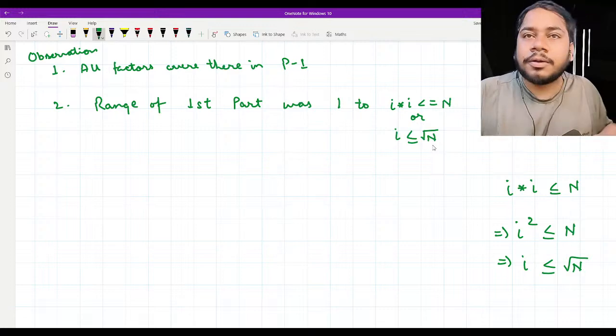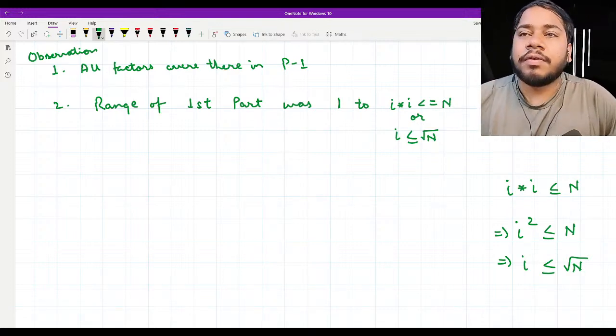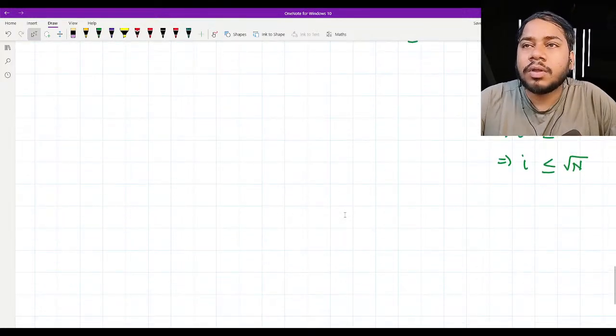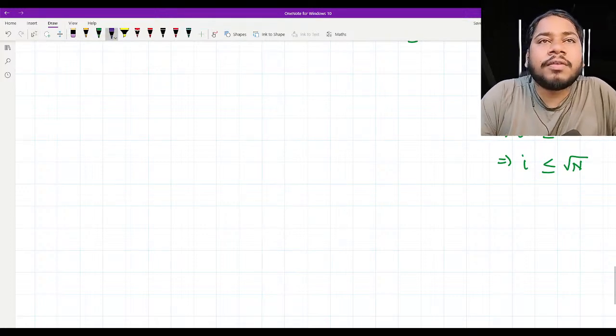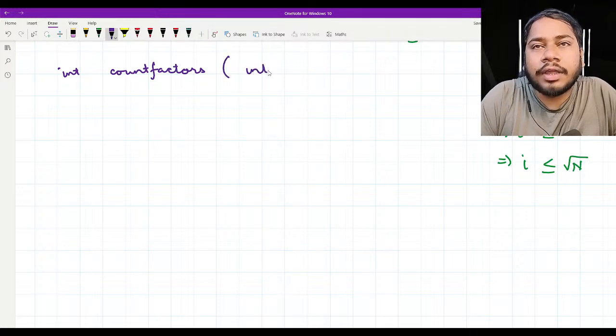Okay, so let's write the code first, then we will understand that. So what we can do? Similar thing. Int count factors. This time also we are getting n as a parameter in that.